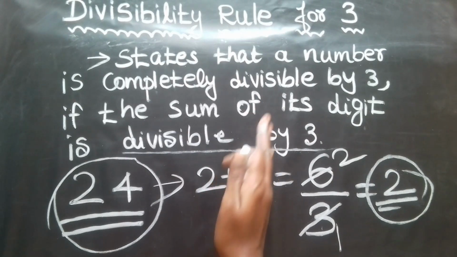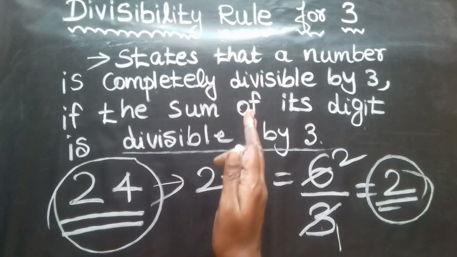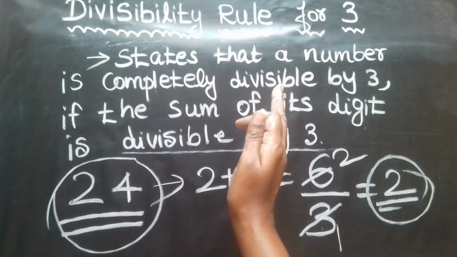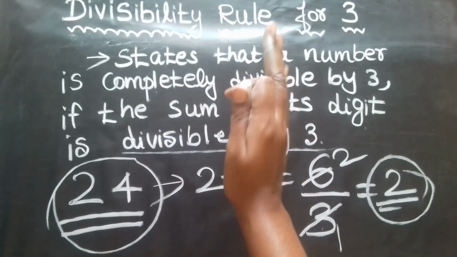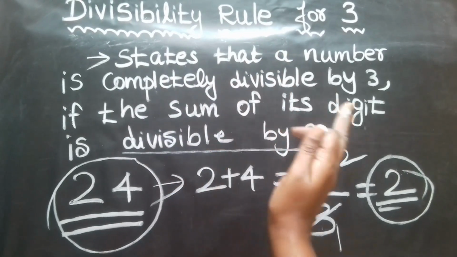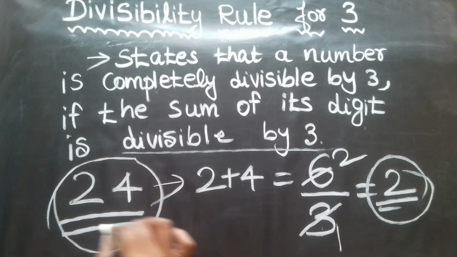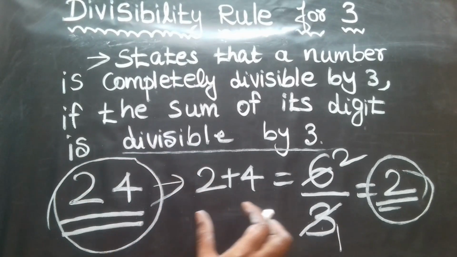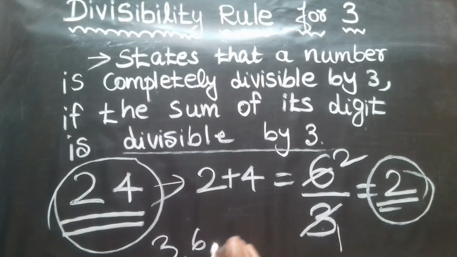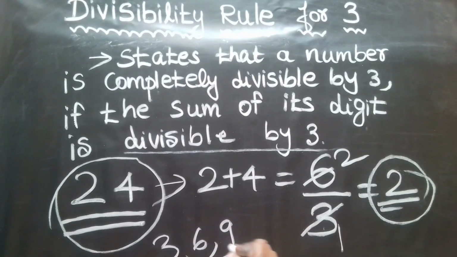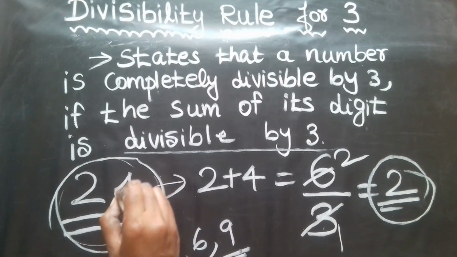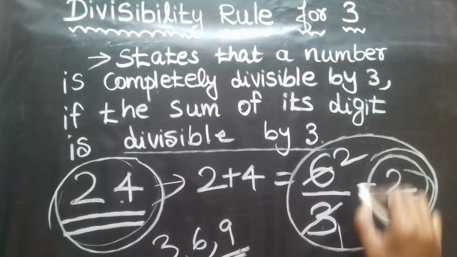But what we have learned previously is that the pattern is 3 or 6 or 9. When you add up the digits, then you can say that it's in the 3 times table. So you need to find the digit sum of the number. If it is 3 or 6 or 9, you can conclude that the number is divisible by 3 without doing this.